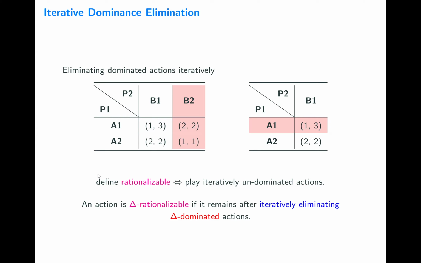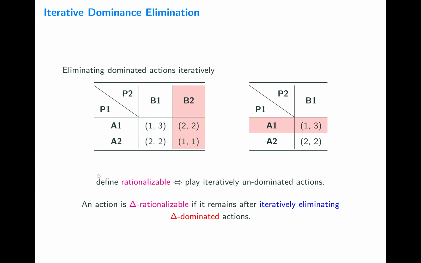This is a reasonably classical concept in game theory, but much less well studied. We define this rationalizability in terms of always playing iteratively undominated actions. In this case, it's A2, B1 in this game. But in other games, it can be multiple actions instead of just one action. So this is a new criterion we're talking about.